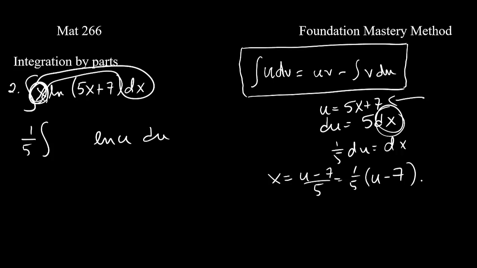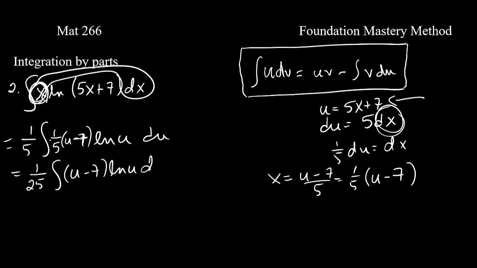So now, making that replacement, we'll replace the x with 1/5 times u minus 7. And now let's just clean this up a little bit. Let's pull that factor 1/5 out front. So we'll have a 1/25 times the integral of u minus 7 ln of u. Now we're ready to do integration by parts.